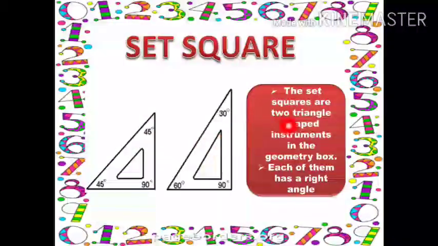Set square. The set squares are two triangle shaped instruments in the geometry box. Each of them has a right angle. One set square shows the angles 30 degree, 60 degree and 90 degree, and the other set square shows the angles 45 degree and 90 degree.